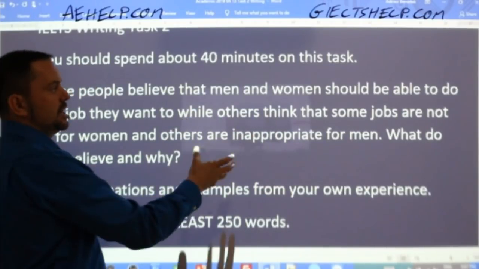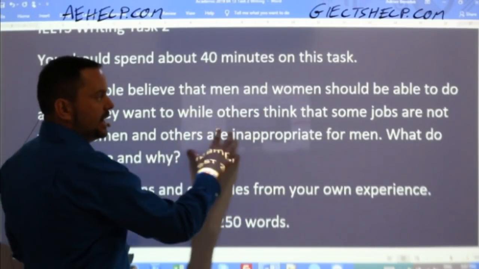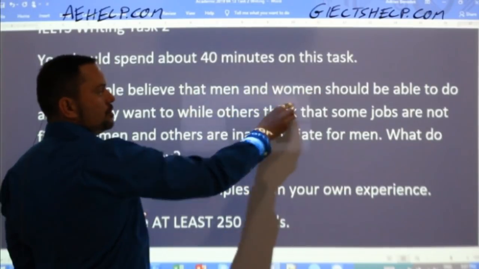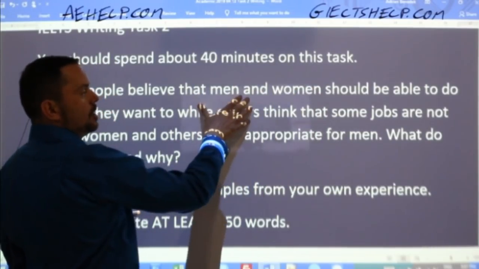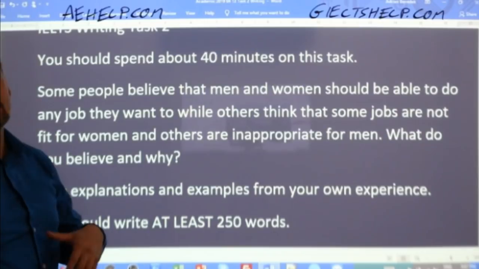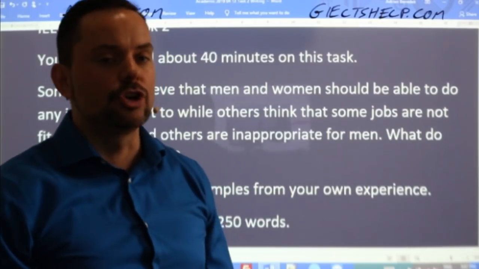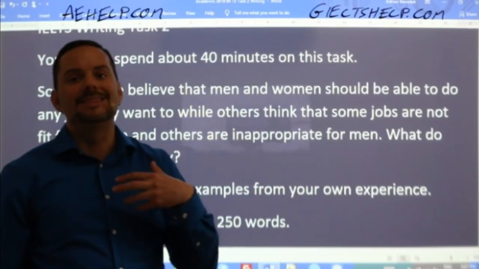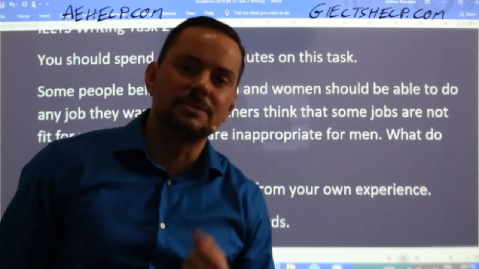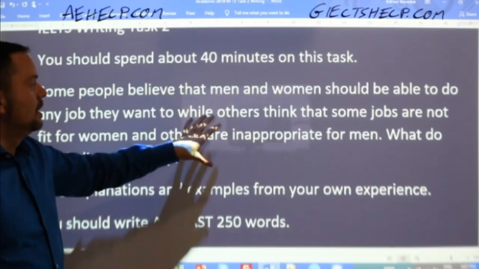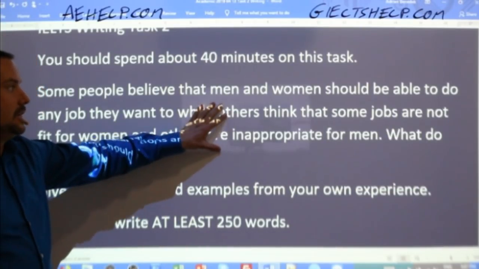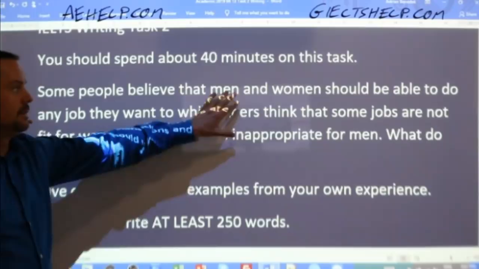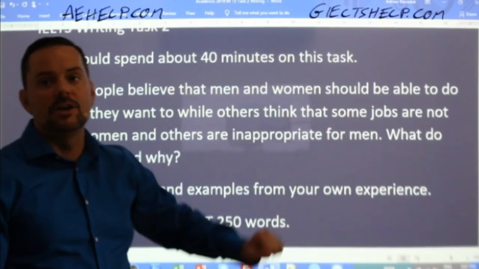So Yosef, you asked, what is the controlling idea? It's the idea that controls the topic. We can talk about a lot of different parts of society or culture in connection to men and women and gender equality. But in this case, we're more specifically discussing the jobs that are either fit or unfit for one or the other gender.